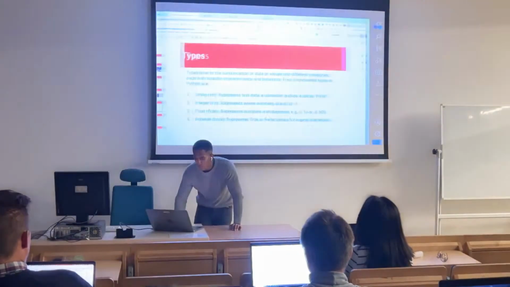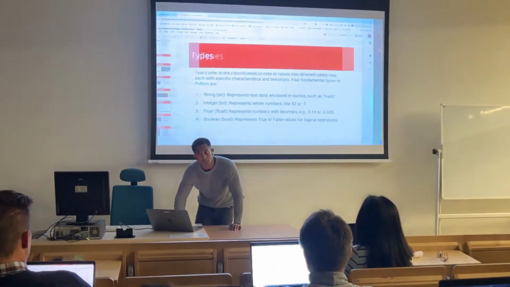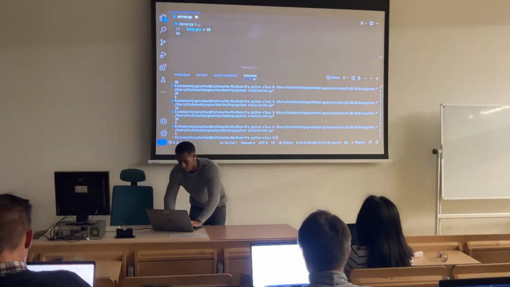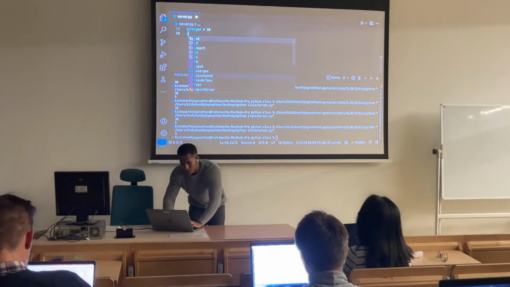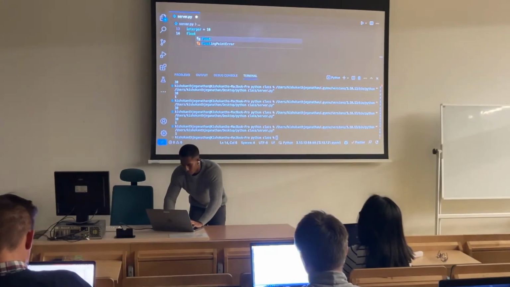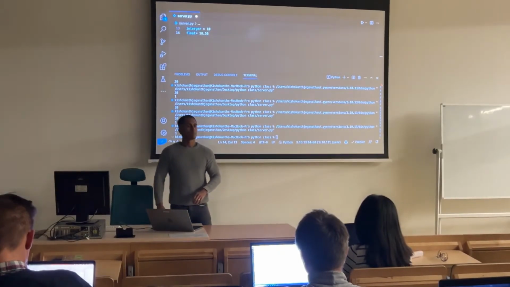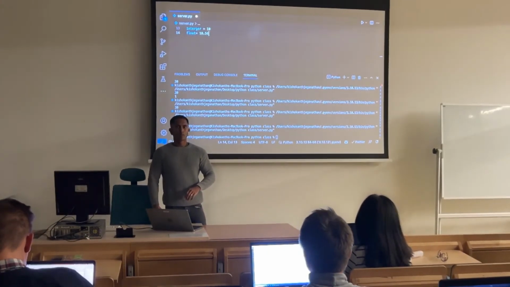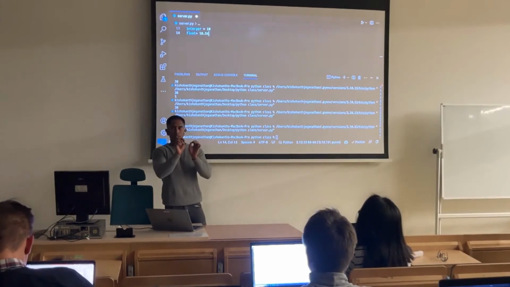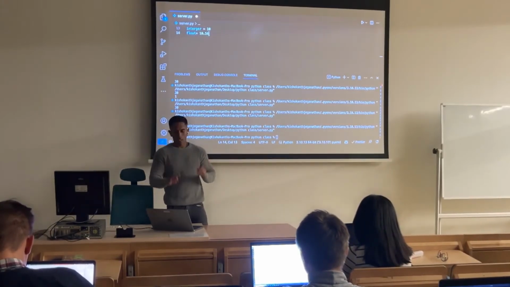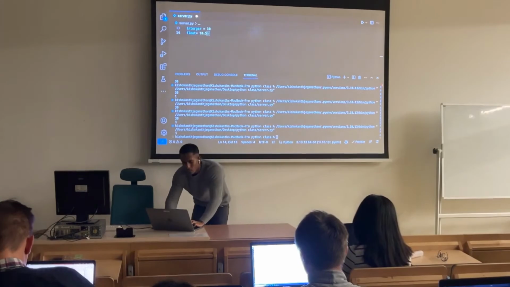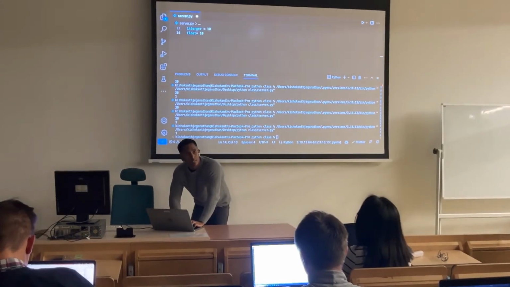And the next one is called floats. Very similar to integer, but the only difference is it carries a decimal. So if there's a point, it's a float. Now it's an integer.